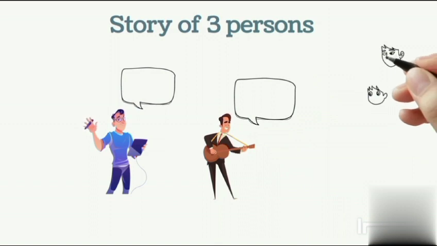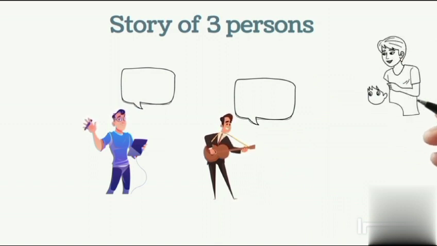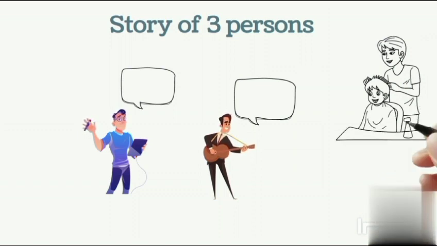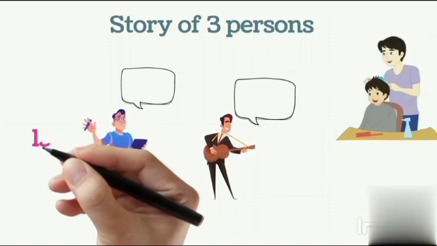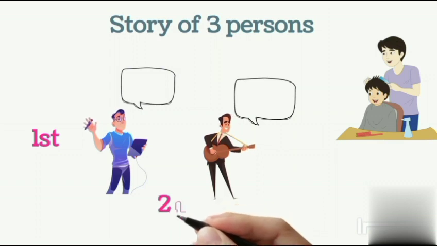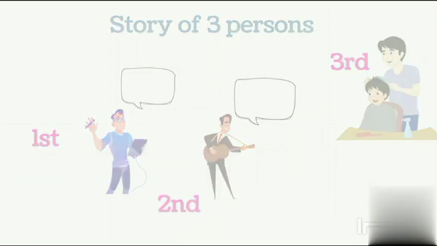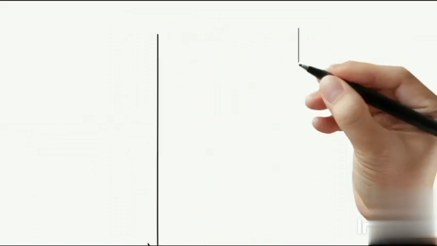And if they are talking about any other person, that is called the third person. So in the first person, we use I and we. In the second person, you is used. And if they talk about the third person, it will be he, she, or it, or anyone else.